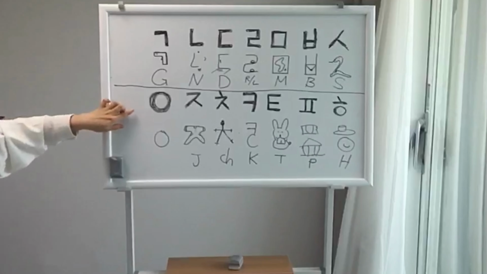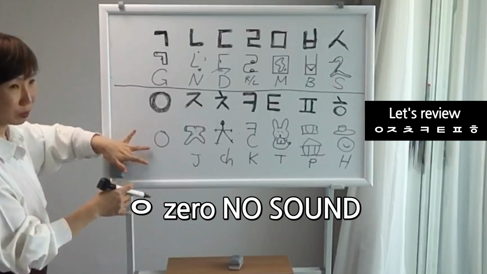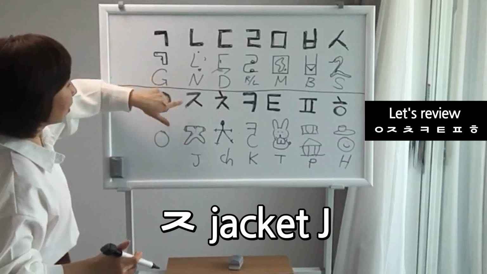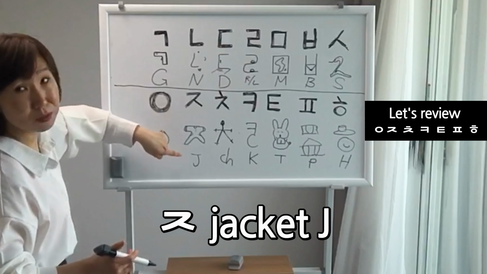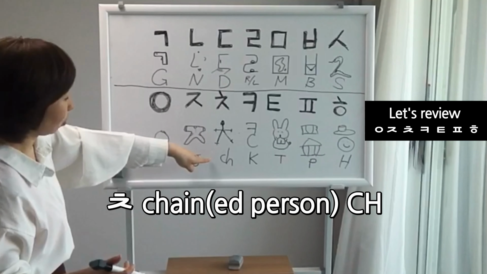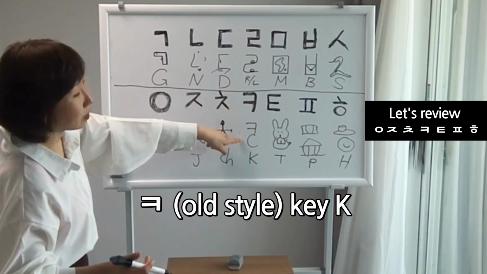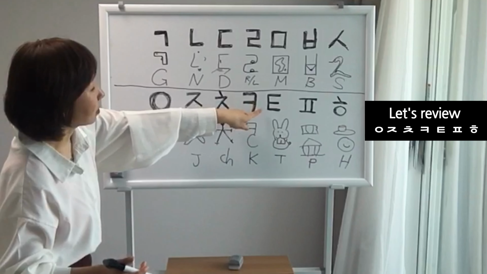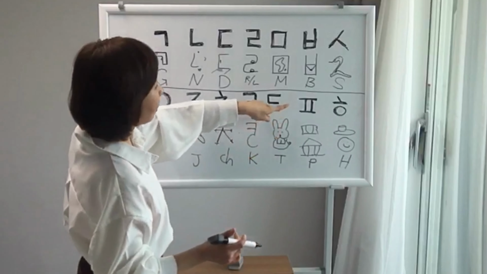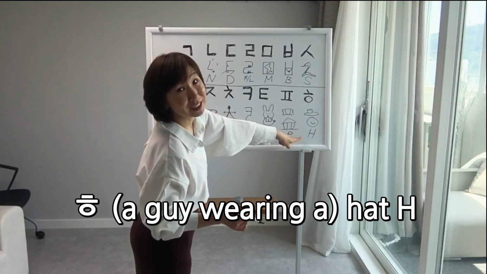So this is ieung for nothing, for the sound that follows other things. And then jieut for jacket for J, and chieut for chained person for Ch. And then kieuk for old style key for K. And then tieut for the big rabbit teeth for T. And then pieup for pillow or pillar for P. And yeah.